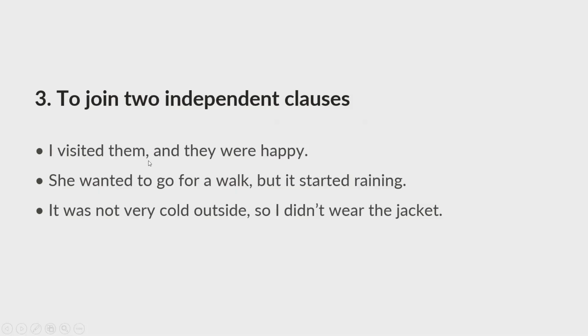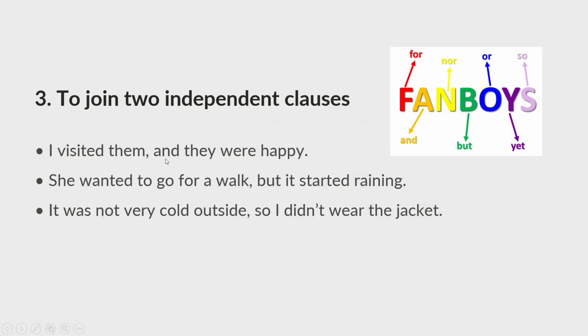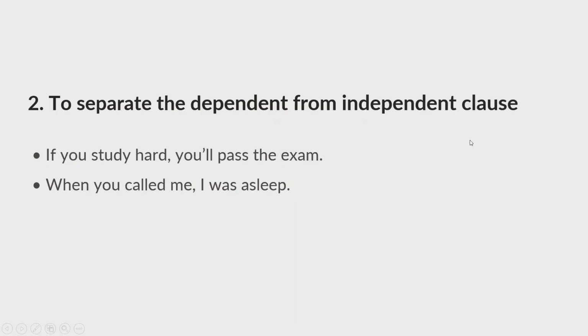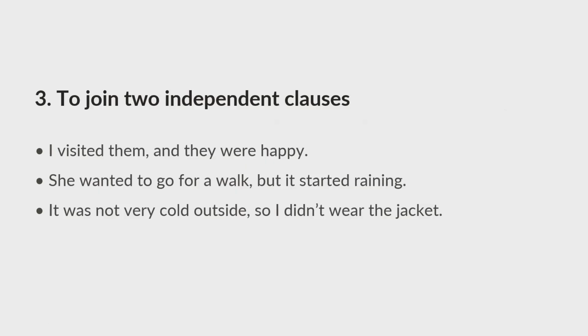Again, it is to join two independent clauses, two main clauses, let's say. And here we have got and, which is one of the FANBOYS. She wanted to go for a walk, comma, but it started raining. So this comma is, again, to join two independent clauses. That is the third use. We can basically say that the second use and the third use are very similar to each other because they are used to join or separate two clauses.